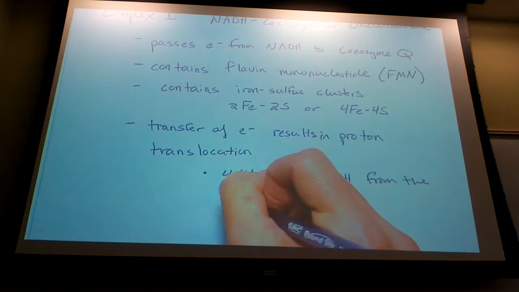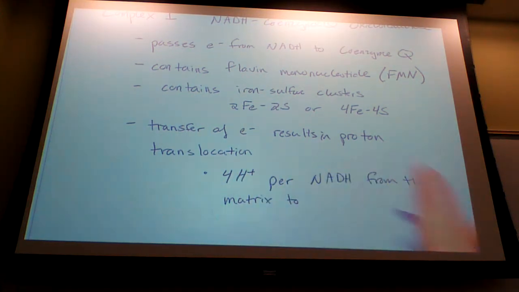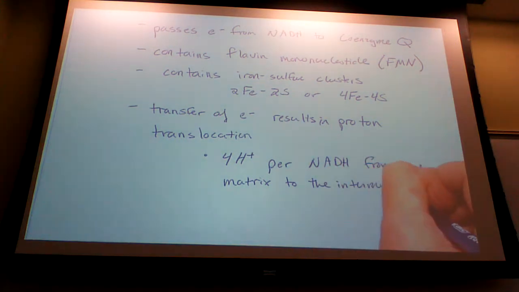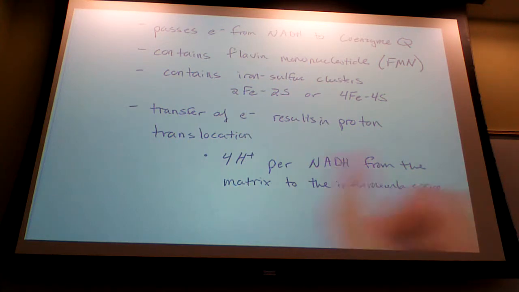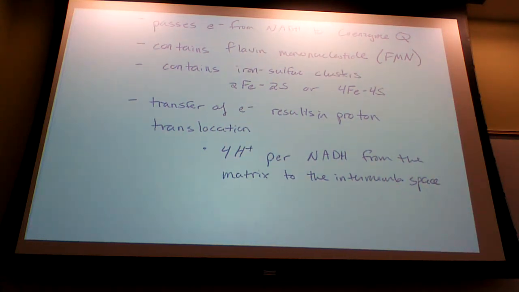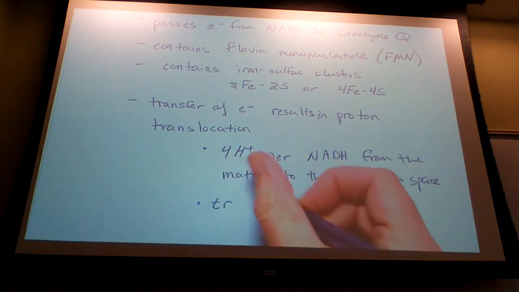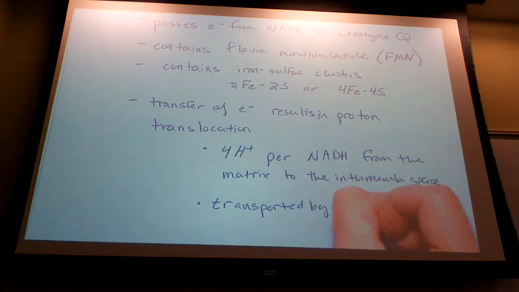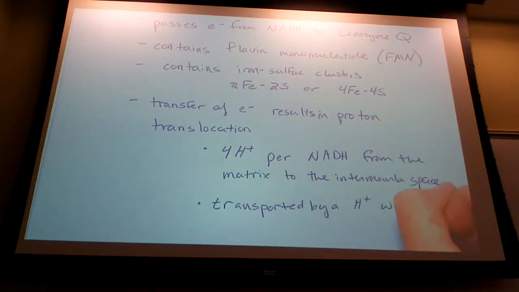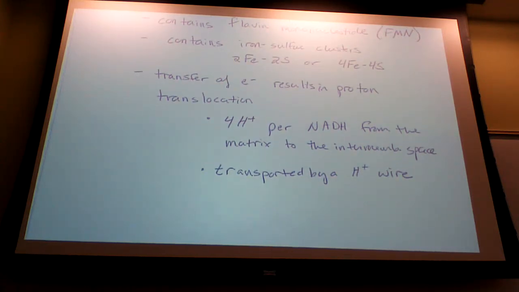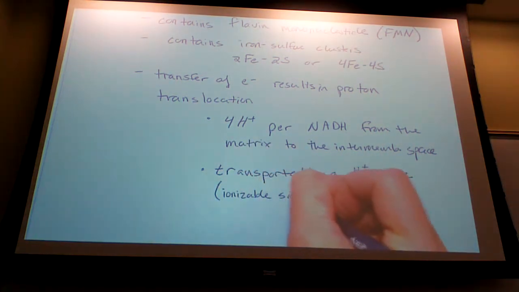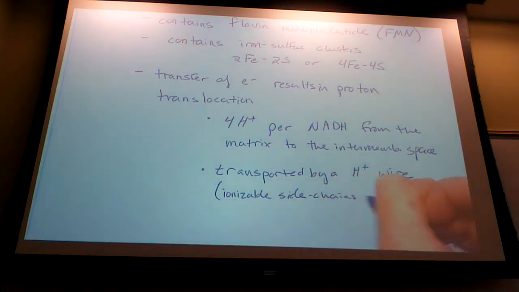From the matrix to the intermembrane space. And these are transported by a proton wire, which consists of ionizable side chains and possibly water.